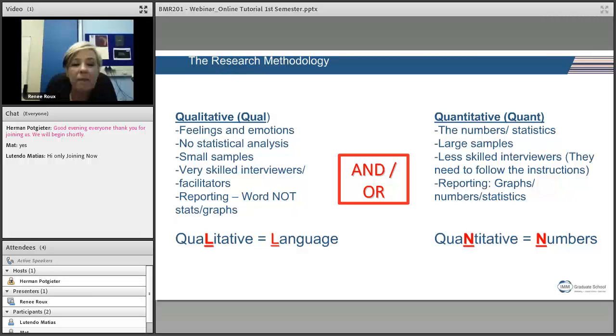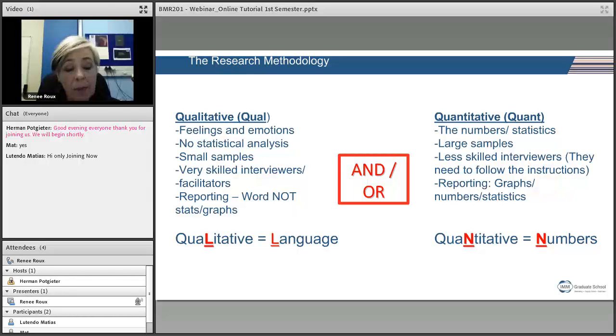So the data collection methodology or technique. There are 2 ways of doing it: qualitative research and quantitative research. And there is a significant difference between the 2 methods. Now, in research, your methodology can be either one of these, or it can be a combination.